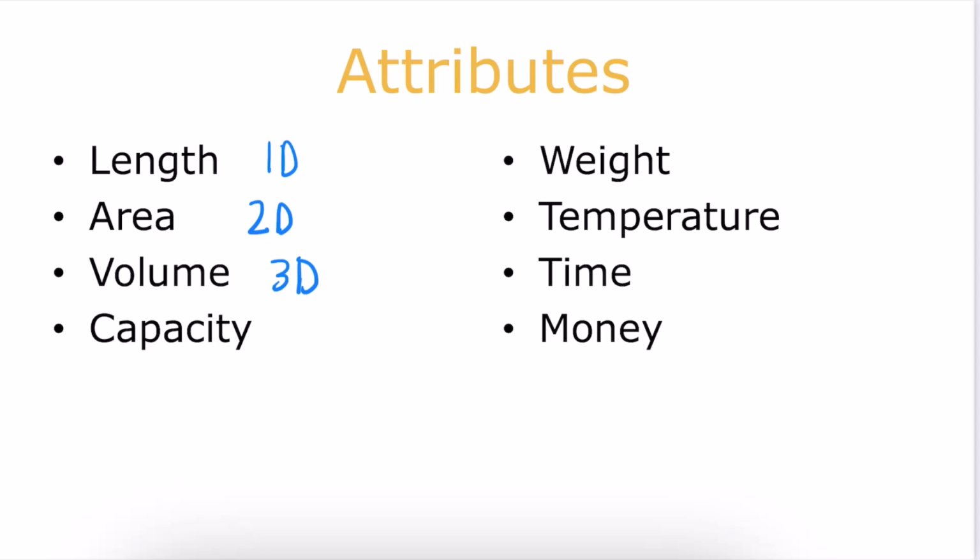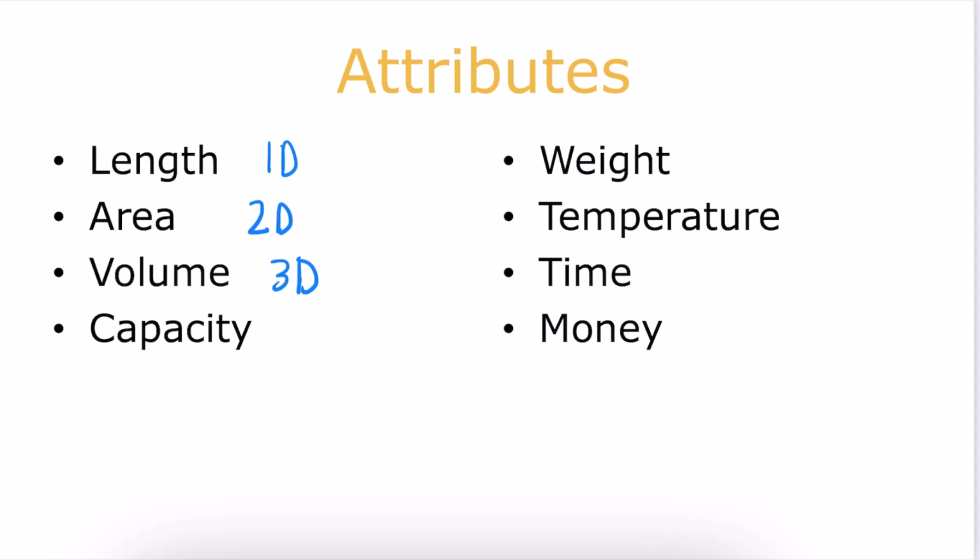Because if you think about the capacity of a water bottle, you could find the volume of the water bottle, which is how much three-dimensional space is inside of the water bottle, which would equate to the amount of water that the water bottle could hold. So that would be an example of a three-dimensional unit that you're using to describe the volume of the water bottle.